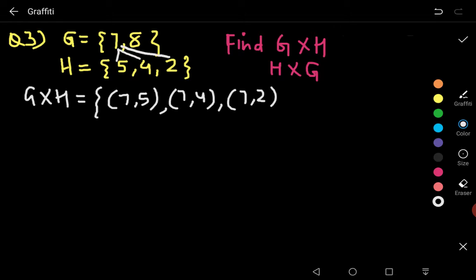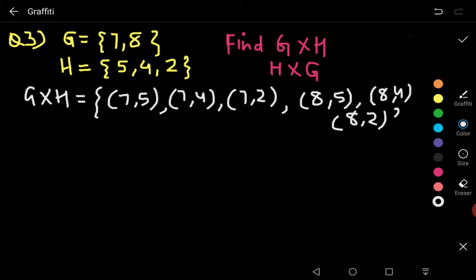I have taken these three numbers with 7. Now I have to repeat it with 8. So first element will be 8 comma 5, then 8 comma 4, and then 8 comma 2. So this is the Cartesian product of G and H.